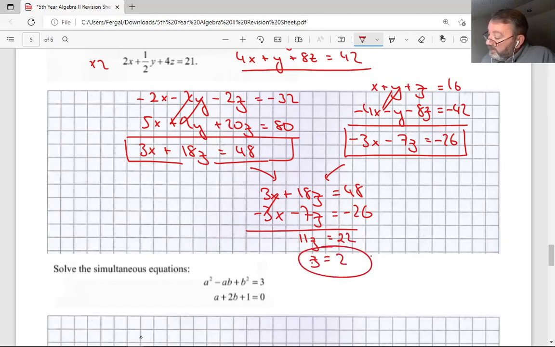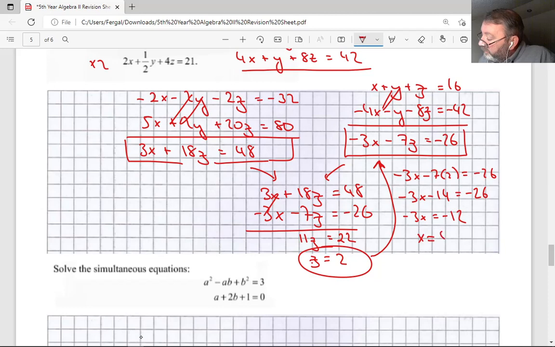Go back up here and let's try and find out what x is. So we're going to put 2 in for z. Minus 3x minus 7 times 2 equals minus 26. Minus 3x minus 14 is equal to minus 26. Minus 3x is equal to minus 26 plus 14, which is minus 12. x equals 4.